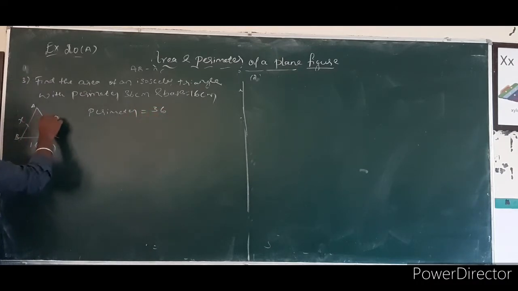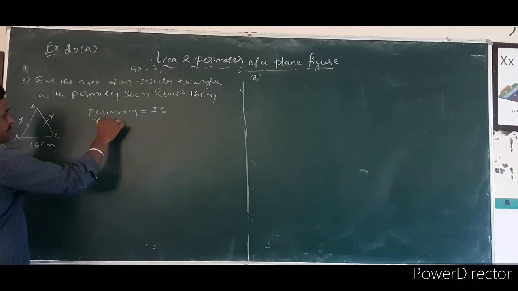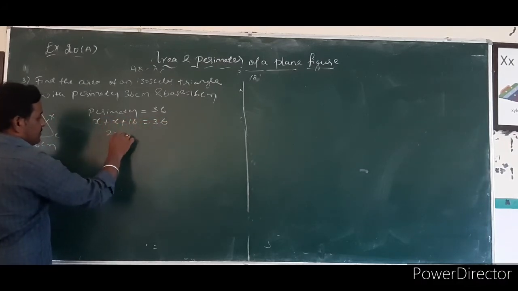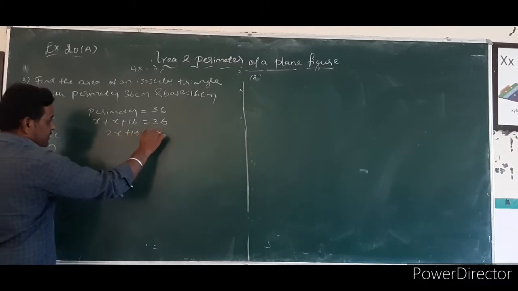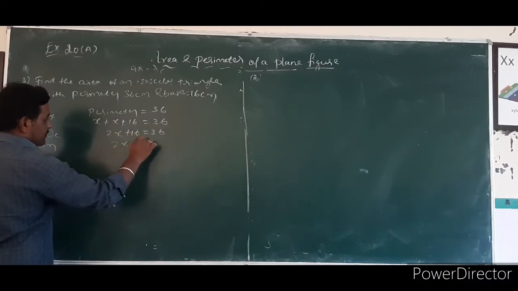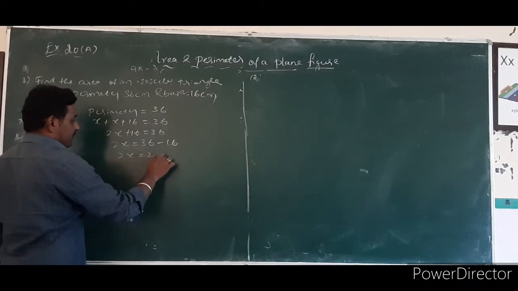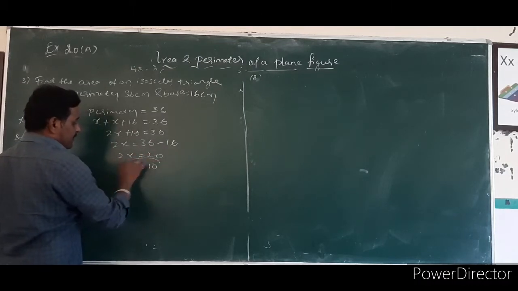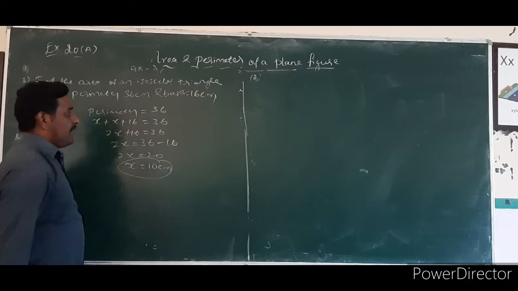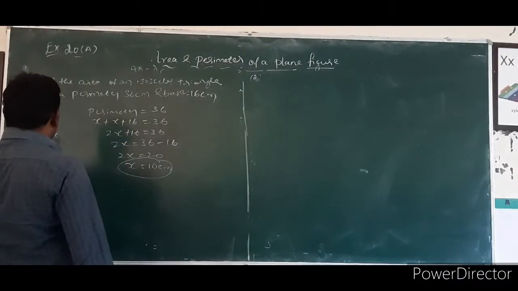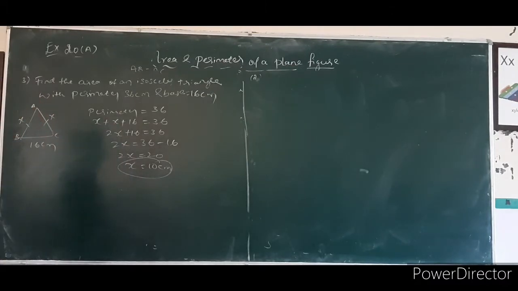You can consider these two equal sides x, so 2x plus 16 equals 36. 2x is equal to 36 minus 16, 2x is equal to 20, x is equal to 10. X is equal to 10 centimeter. That is, the two equal sides have length 10, 10.